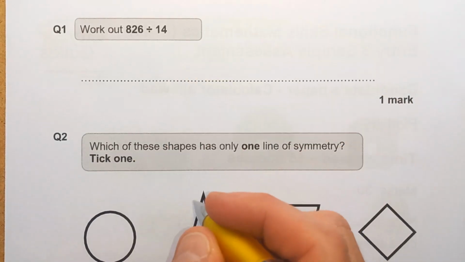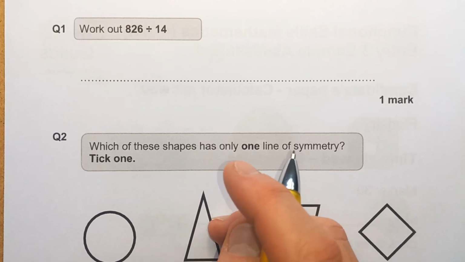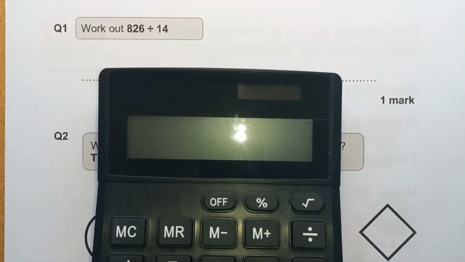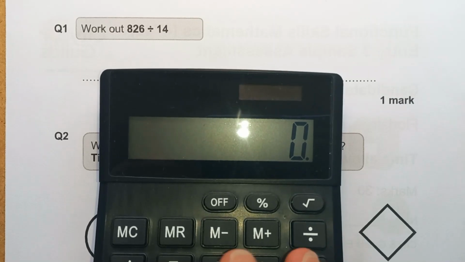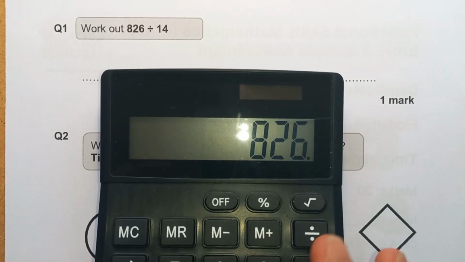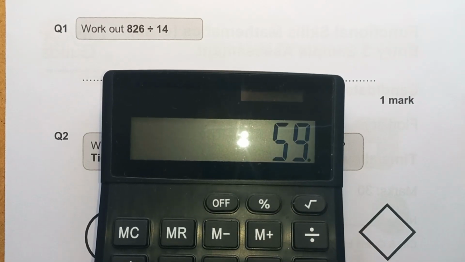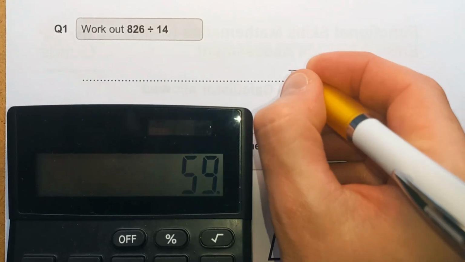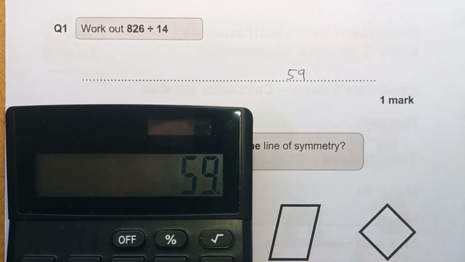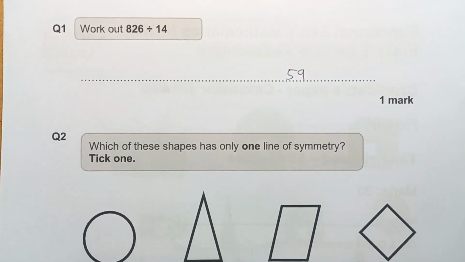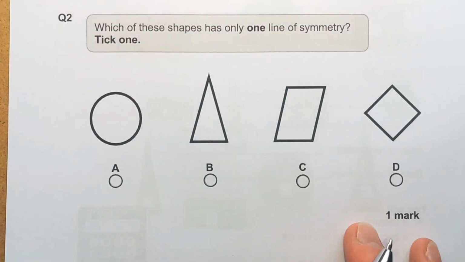Before you start drawing a bus stop and trying to work it out, we can use our calculator. So, turn it on. 826 divided by 14, and we get 59. Do remember you can use your calculator for all of these. Now, it's not going to help with all the questions.